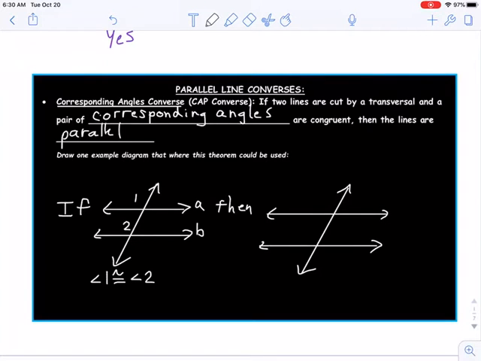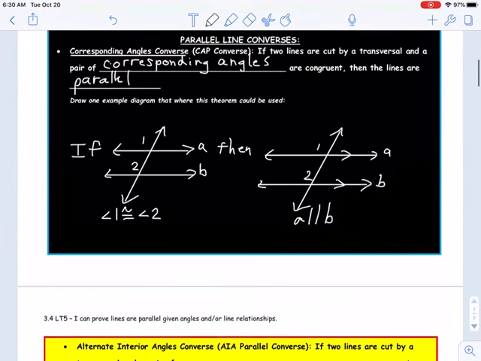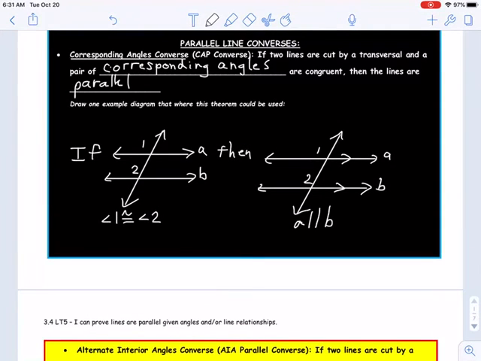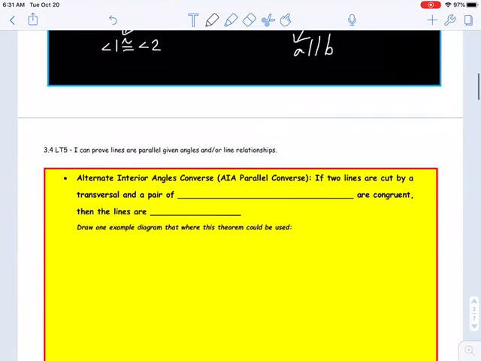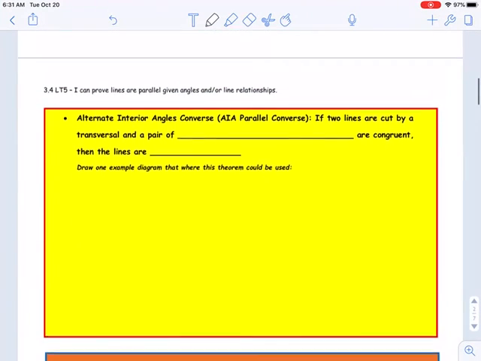That's the CAC converse. So then the lines are parallel. So before we said if the lines are parallel, corresponding angles are congruent. Now we're saying if corresponding angles are congruent, then the lines are parallel. All right, so literally just swapping the order. Cool, cool, cool. And this is going to really help us in the future with some other shapes.